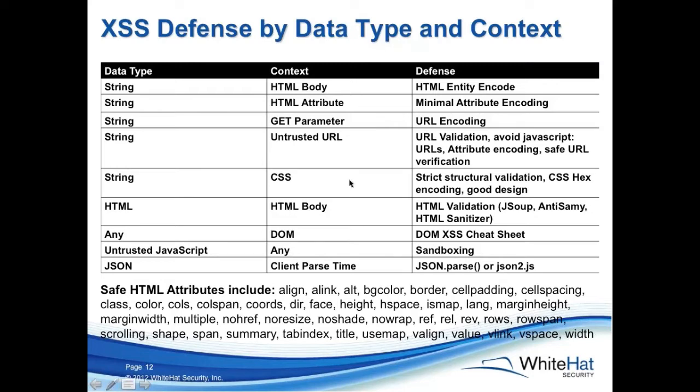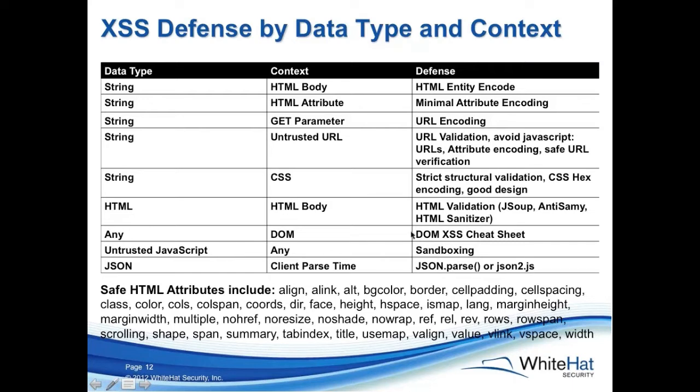You can't do a simple regular expression validation. In the case of HTML that's untrusted, we want to use an HTML validator or HTML sanitizer like JSoup, AntiSamy, the PHP Purifier project, or the HTML Sanitizer project from OWASP. Any one of these projects will parse HTML and strip out malicious JavaScript to avoid cross-site scripting.